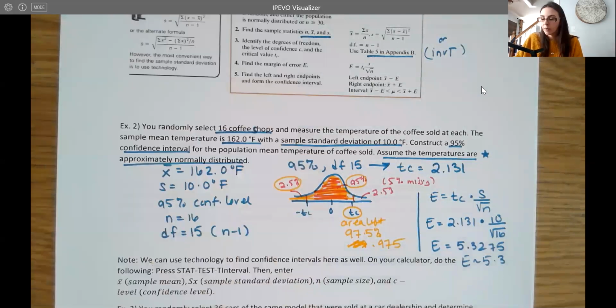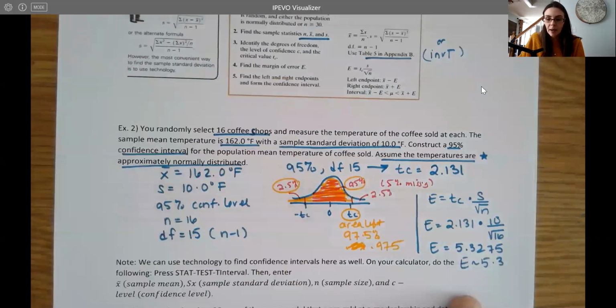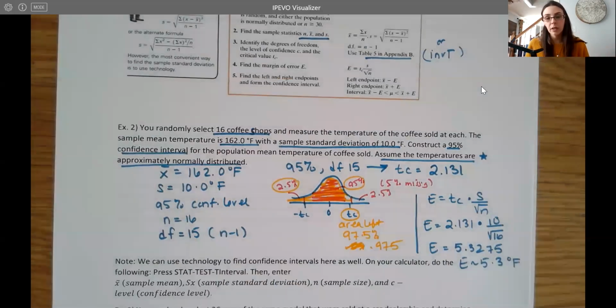Now, remember that we're talking about degrees here. So your error is about 5.3 degrees Fahrenheit. It's the same units as whatever you're talking about. So finally, to find my interval, I'm going to take my center, add my error, and take my center and subtract my error.